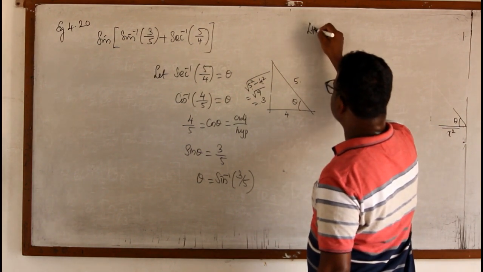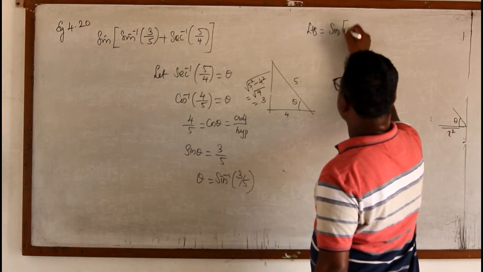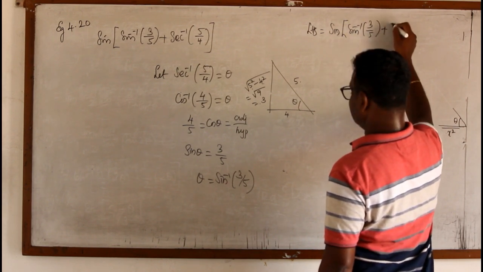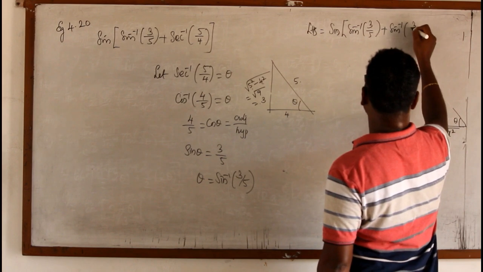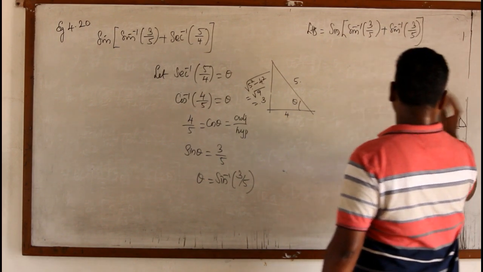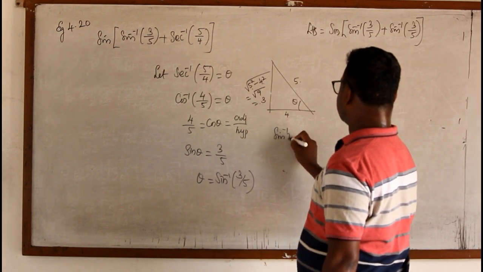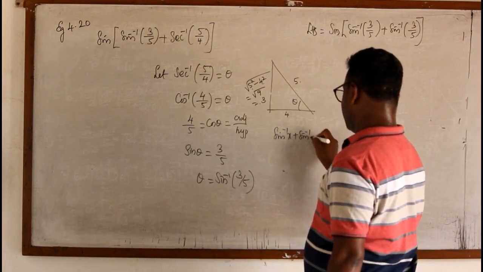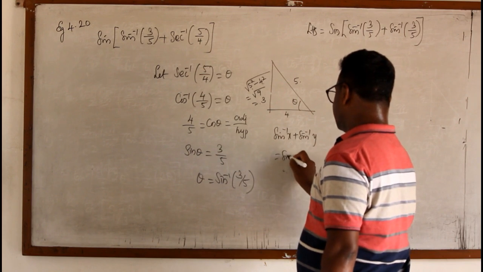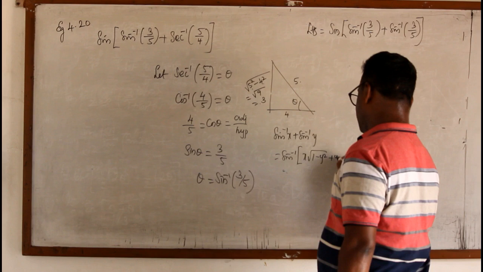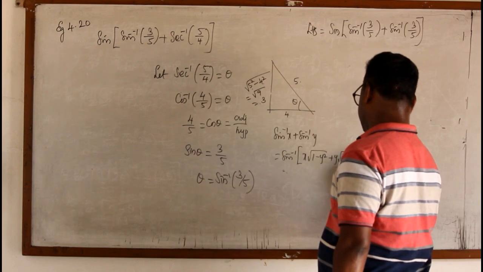Therefore, the left hand side becomes sin inverse of 3 by 5, and this is also sin inverse of 3 by 5. We know the formula: sin inverse of x plus sin inverse of y is sin inverse of x into root of 1 minus y square plus y into root of 1 minus x square.